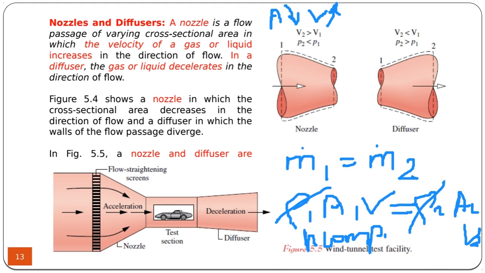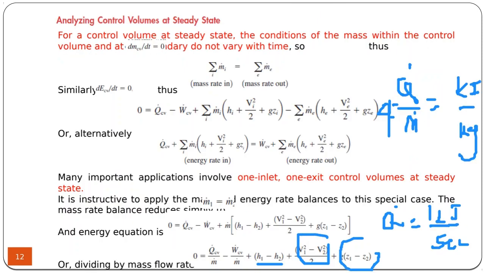When the velocity increases, according to the conservation of energy equation, suppose that there is no heat interaction with the surroundings and no work is done here. We have no change with the elevation, meaning that the potential energy is constant, so the change in the enthalpy is equal to the change in the kinetic energies.